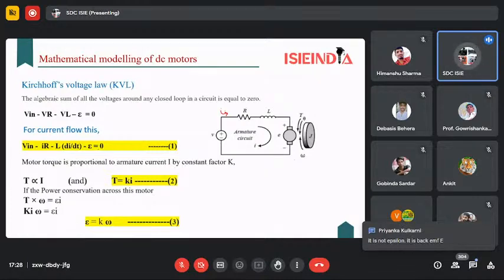With power conservation across this motor, the product of T and the angular velocity is equal to epsilon and I. If we cancel the current from both the left-hand side and right-hand side, we get that epsilon is equal to the motor constant and angular velocity. So it states that epsilon is equal to K omega.